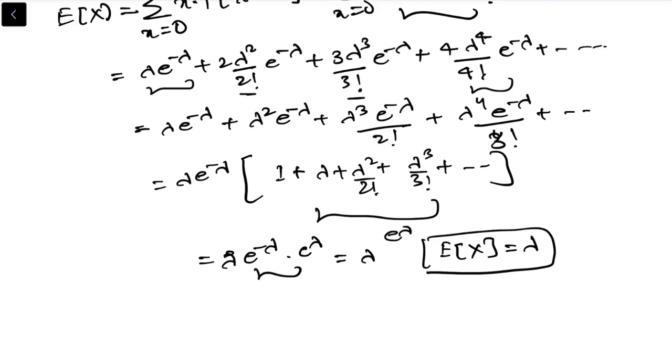Now let's see how we can get variance. Now for variance we need to calculate the expectation of x square, but there lies a slightly easier way to work out the variance. Instead of calculating x square, we can calculate the expectation of x times x minus 1.